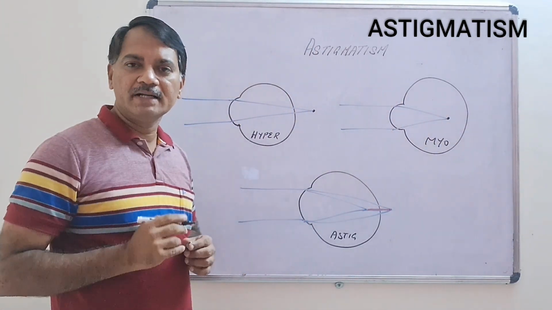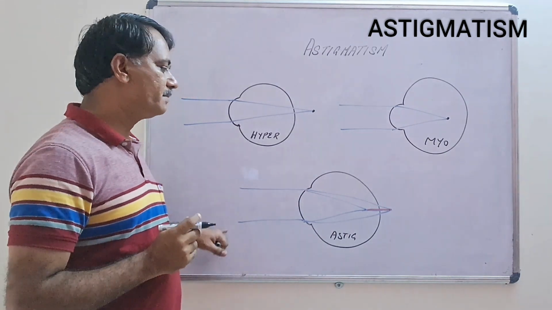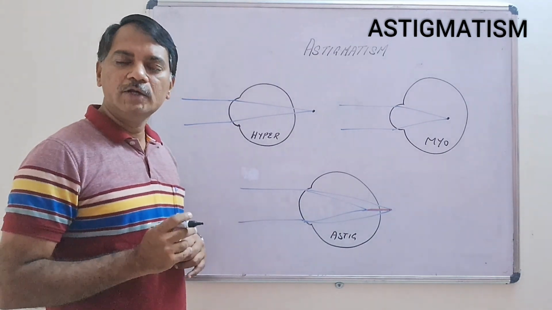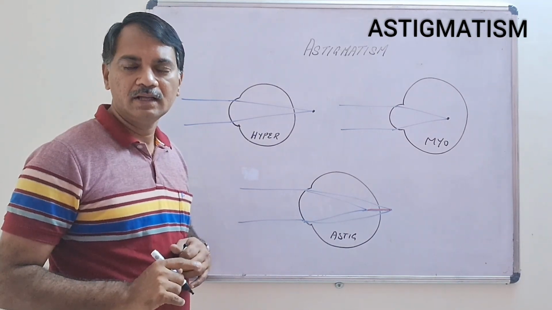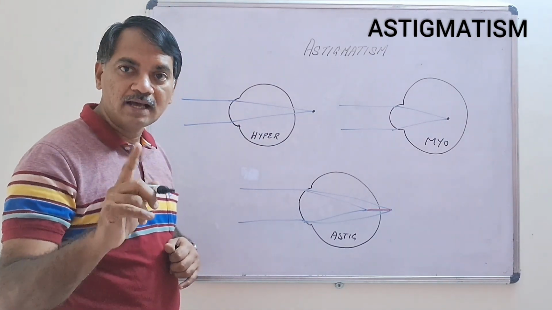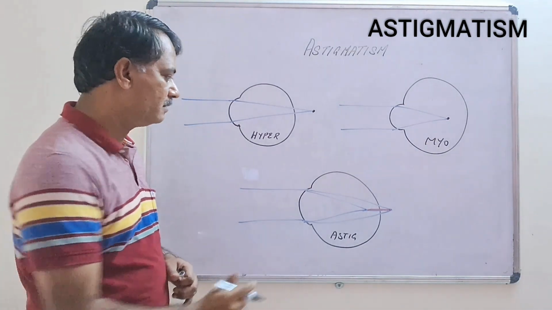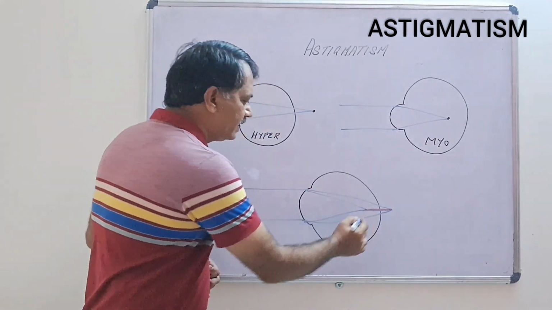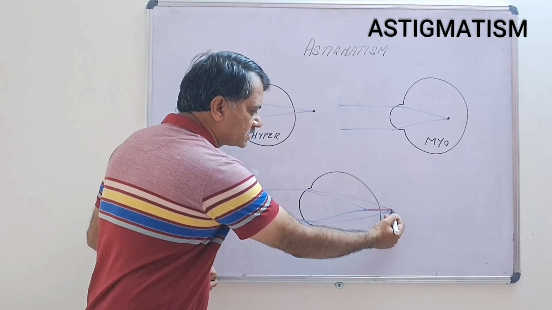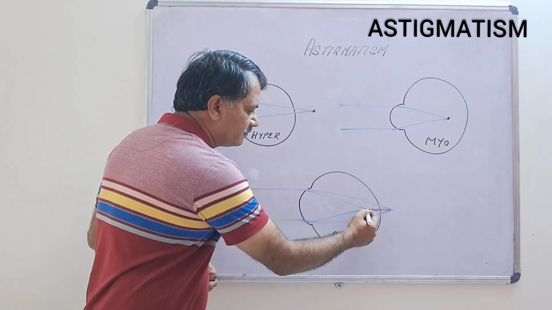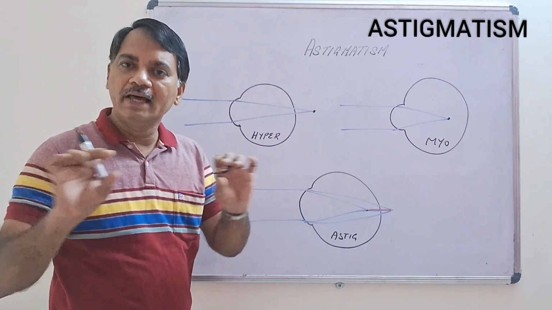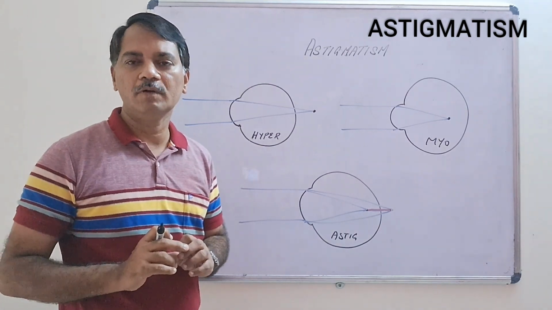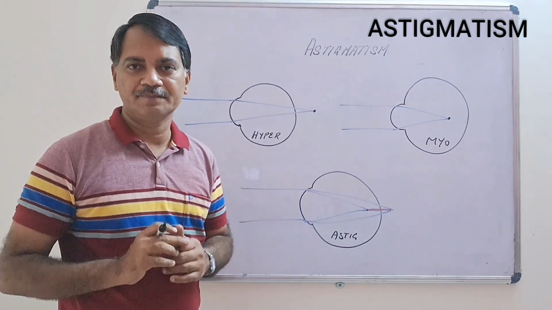But in astigmatism, the light rays coming from a distance do not get focused at one point. They get focused as a focal line. You can see here the light rays, and some rays are getting focused at this point and some rays are focused here. So they form a focal line. So that is the problem with astigmatism.